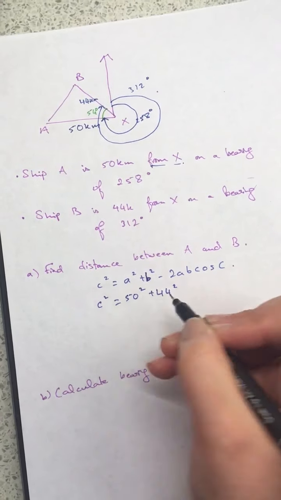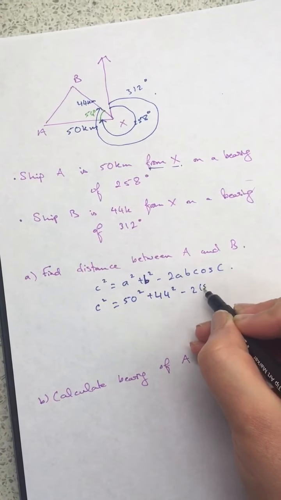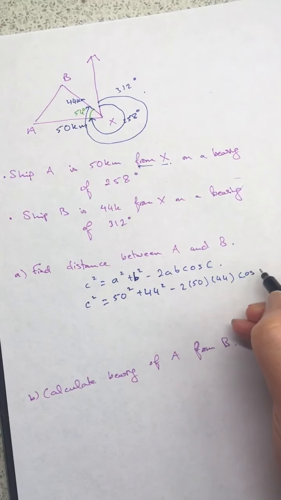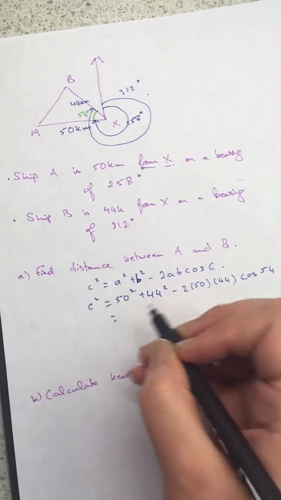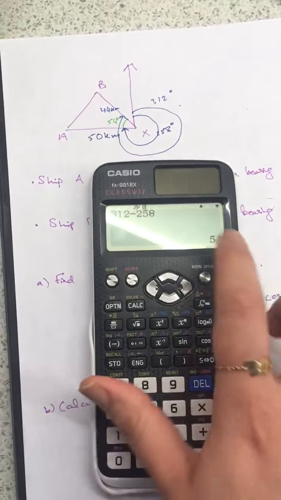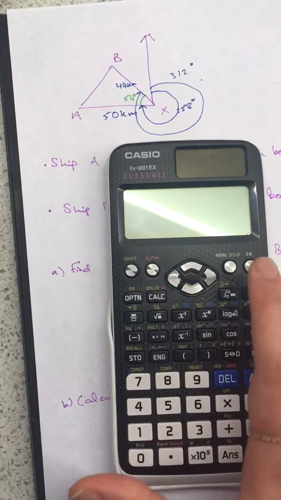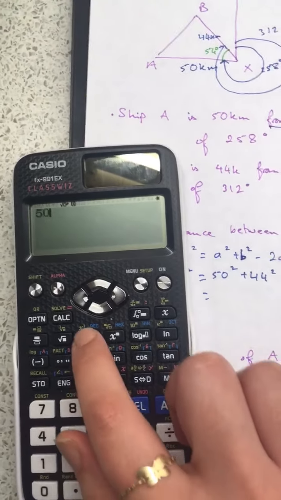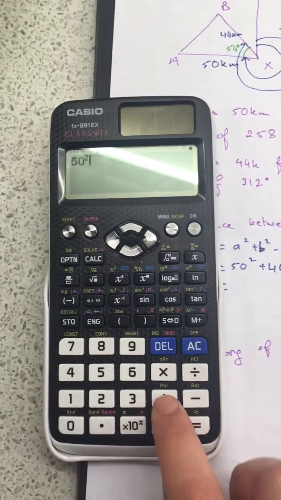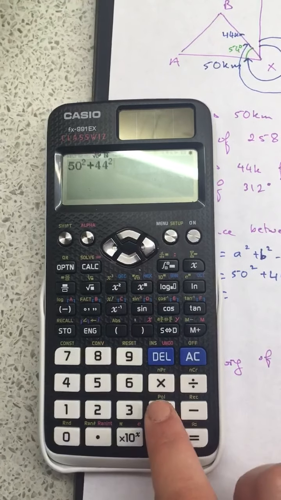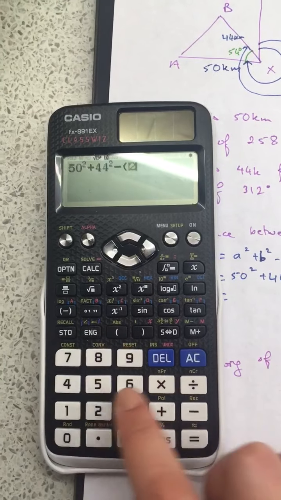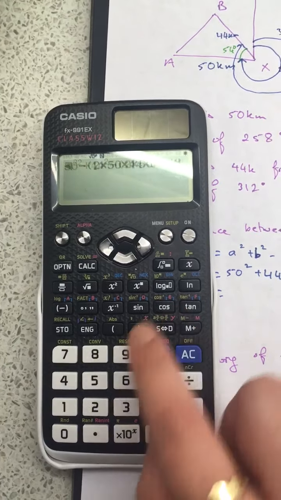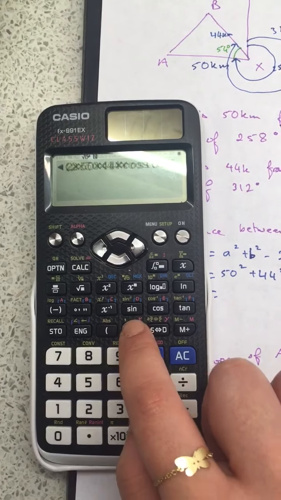So that's 50 squared plus 44 squared minus 2 times 50 times 44 times cos 54. I put that on the calculator. Make sure that on your calculator there's a small d for degree. So we've got 50 squared plus 44 squared minus 2 times 50 times 44 times cos 54.